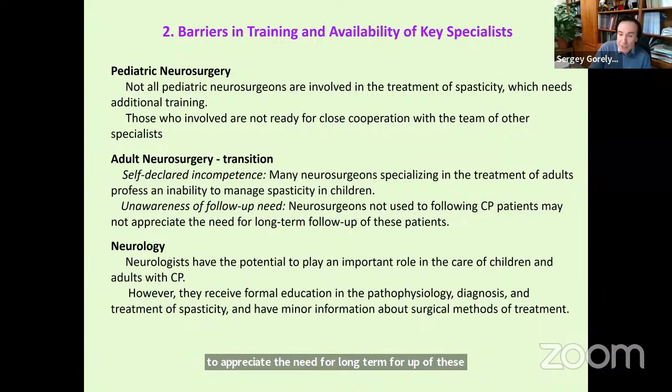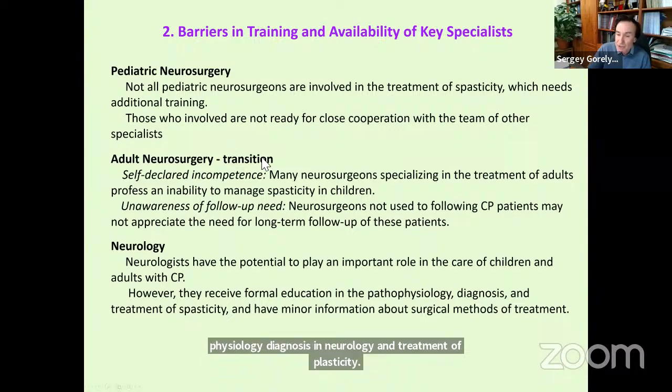Neurologists have the potential to play an important role in the care of children and adults with cerebral palsy. However, they receive formal education in the pathophysiology, diagnosis, neurology, and treatment of spasticity, but have minor information about surgical methods of treatment.